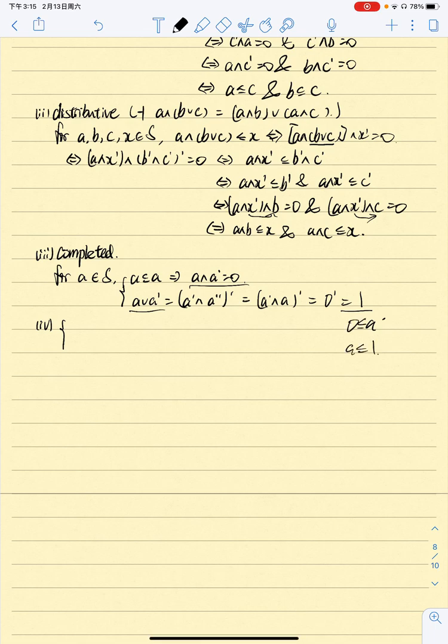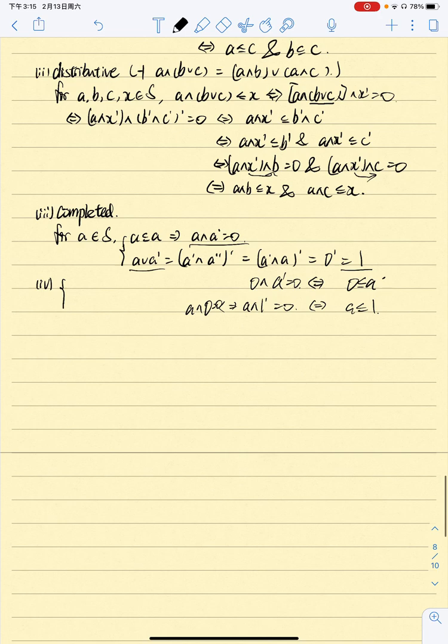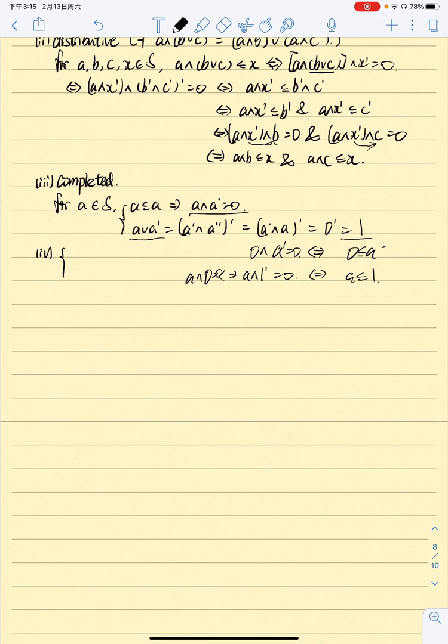To show this, we should have A and 0 and A prime is 0. Actually, 0 and everything is 0, right? And here, we need to show A and 1 prime is 0. Actually, this is A and 0 is 0, right? So these two are very easy to prove. Okay, then S is a completed distributive lattice.